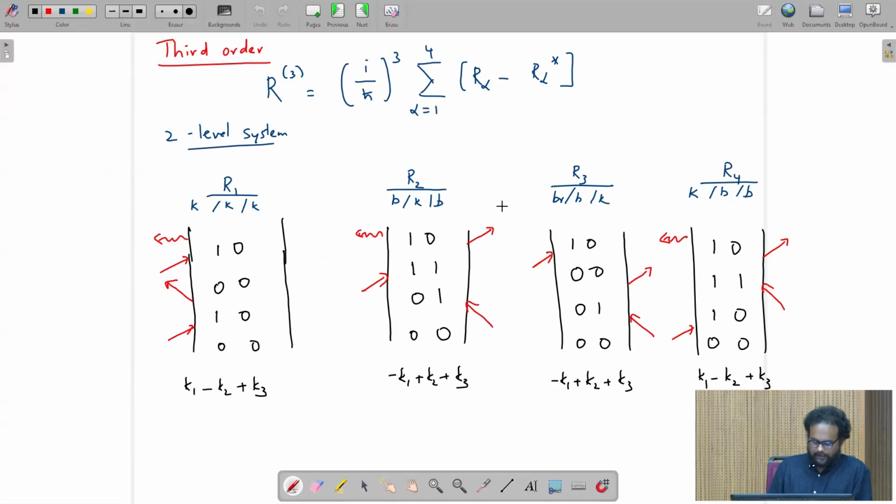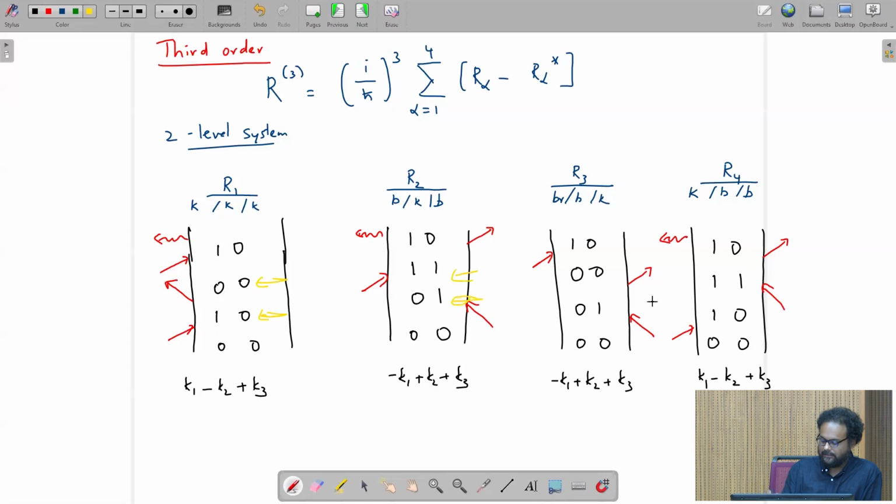And if you look closely, R1, so in general, third order response, as you can see, in a 2-level system, goes through a population term. The first interaction generates a coherence. Second interaction projects that coherence into a population.